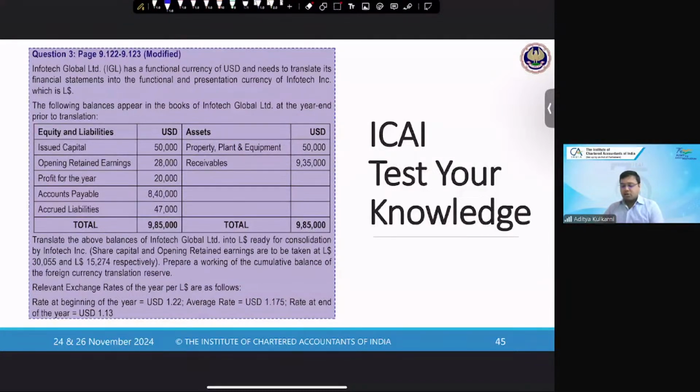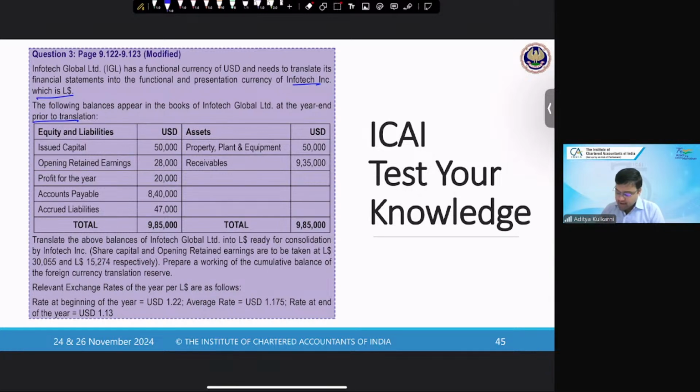Infotech Global Limited, IGL, has a functional currency of dollars and needs to translate its financial statements into the functional and presentation currency of Infotech Inc., which is L dollars. The following balances appear in the books of Infotech Global Limited at the year end prior to translation: issued capital, opening retained earnings, profit for the year, accounts payable, liabilities, PPE, and receivables.